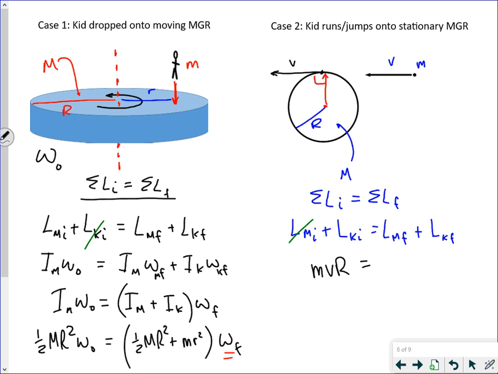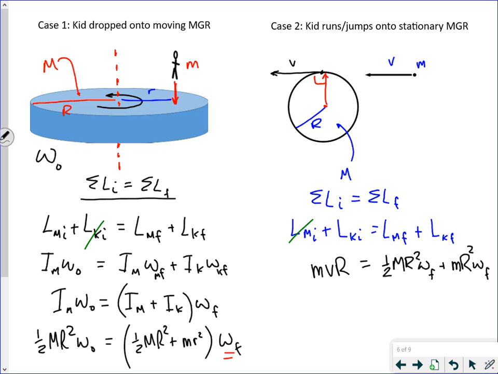Well, maybe we do say 1/2 big M R squared plus, here I'd probably write this as the kid's point mass. Oh, I forgot omega. Omega final plus little m r squared omega final.